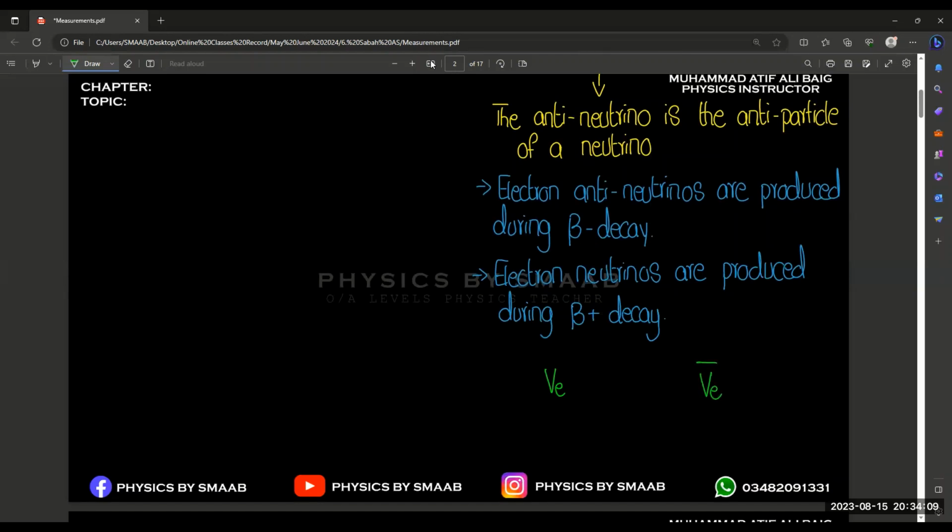The first one is for electron neutrino, and the second one is for anti-electron neutrino, right? Okay.